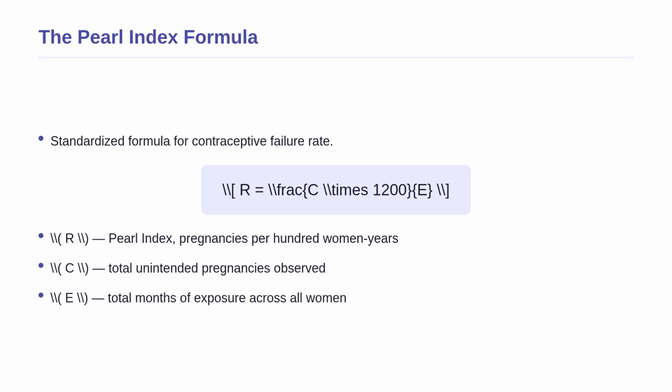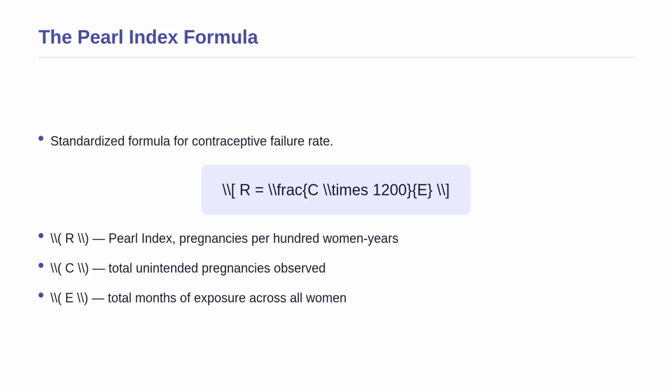Now that we know what the Pearl Index is, let us look at its mathematical formula. The formula is R equals C times 1,200 divided by E. Conceptually, this scales the data from any clinical trial to a standard century of women months. The variable R represents the Pearl Index itself. The variable C stands for the total number of unintended pregnancies observed.